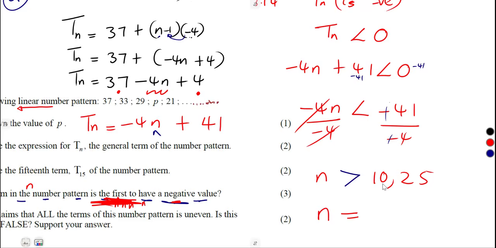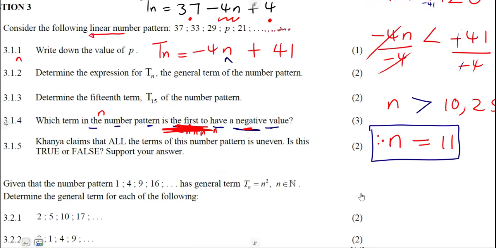It's a value that is greater than 10,25, being an integer. So that is what? 11. So therefore, our n must be 11. That is the condition of our question. We look for that integer which is greater than 10,25. So that is how these questions can be given. As you are given these questions, you are supposed to be very careful how to attempt those typical questions. All right, so n is equivalent to 11.